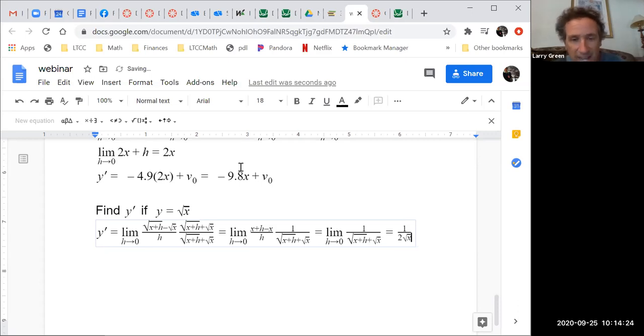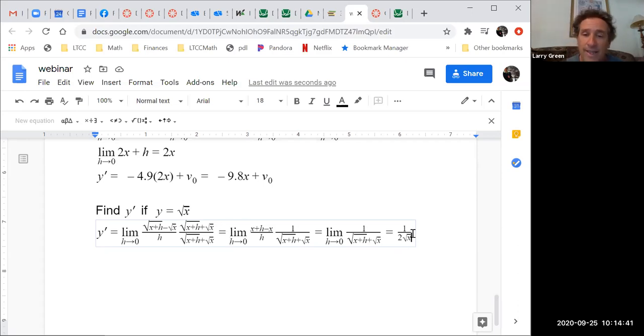That's 2 root x, sorry about that. So it's 1 over 2 root x. And there's the derivative of the square root of x is 1 over 2 root x. So it does take work to get these derivatives. Okay, there's a lot of messiness. But at the very end, it's pretty clean.